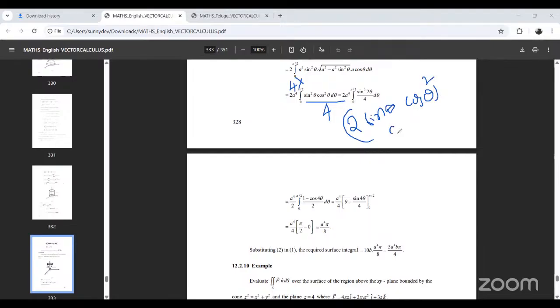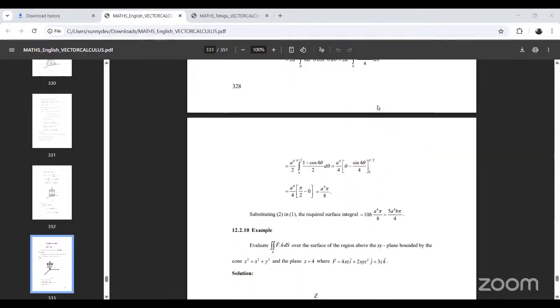So 2 sin theta cos theta is sin 2 theta, whole square, which is sin square 2 theta. So sin square 2 theta by 4, and we are getting this sin square 2 theta by 4 into d theta.